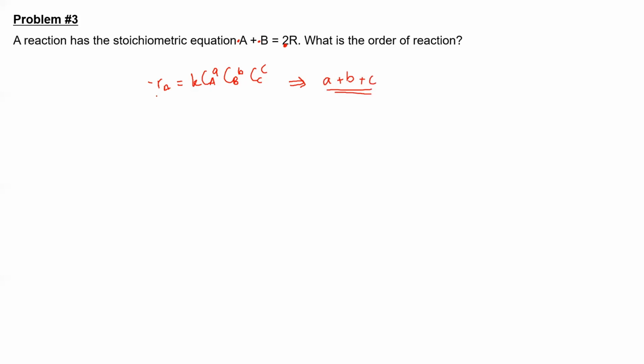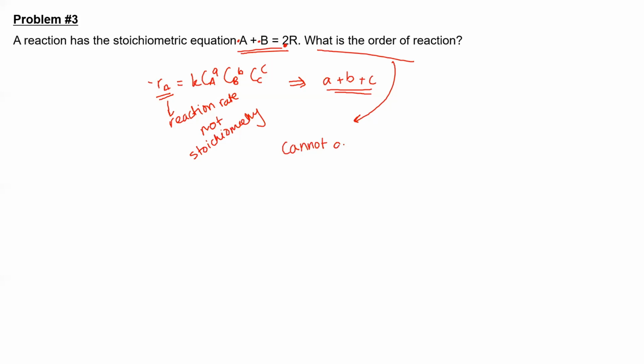However, I get this order from the reaction rate, not from the stoichiometry. Since I am not given a reaction rate here, and I don't know if it's an elementary or non-elementary reaction, the answer to this problem is you cannot determine it without experiments to get the reaction rate expression.